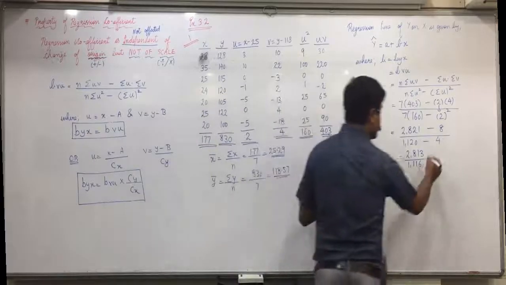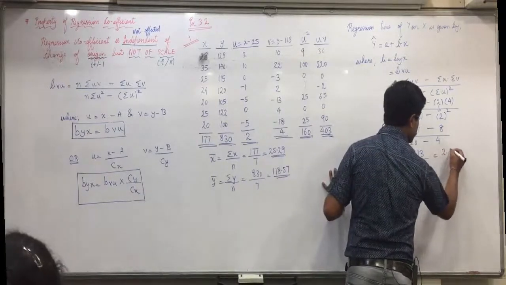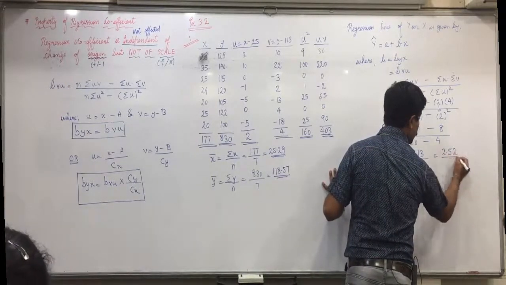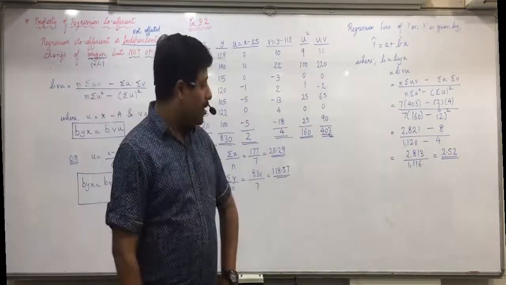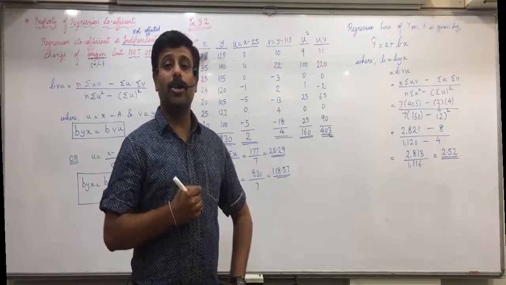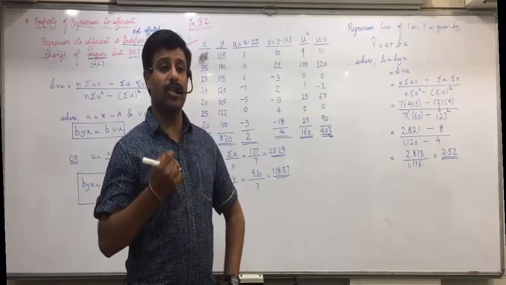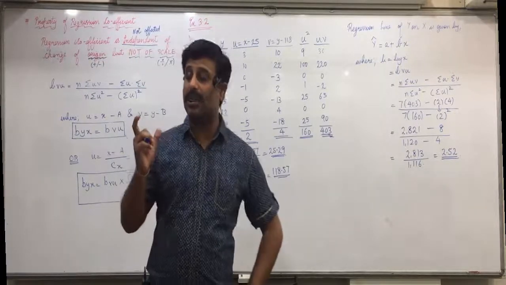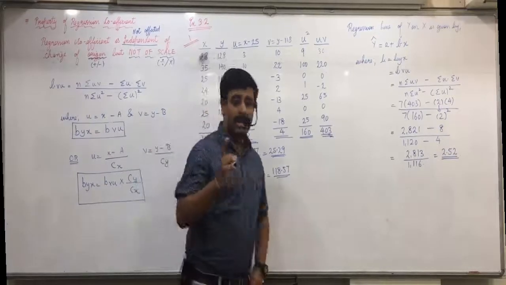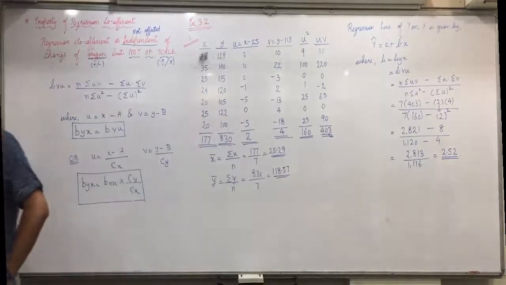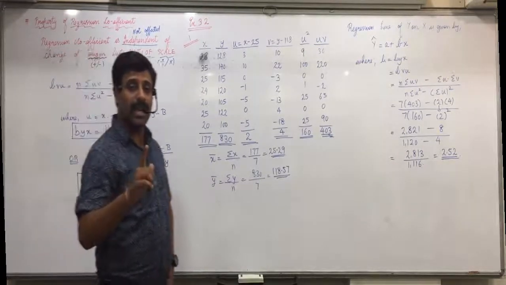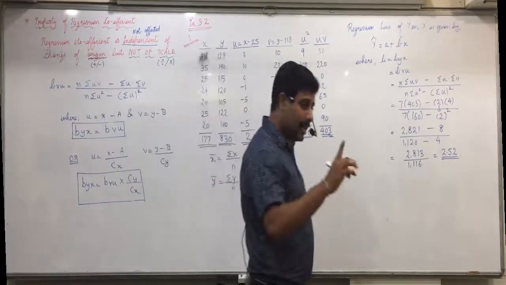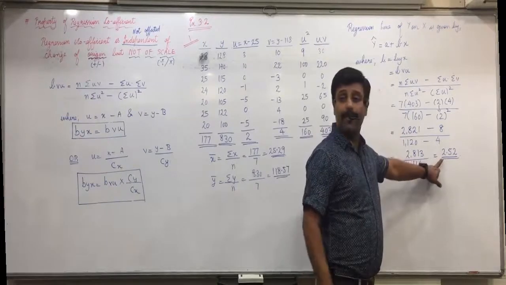What does this come to? Raise your hand. What does this indicate? Change in y due to unit change in x. Means if x changes by 1 unit, that is 10 kgs. Here the units are 10 kgs. If x, that is consumption of fertilizer, changes by 1 unit, which is 10 kgs, then y, what is y?